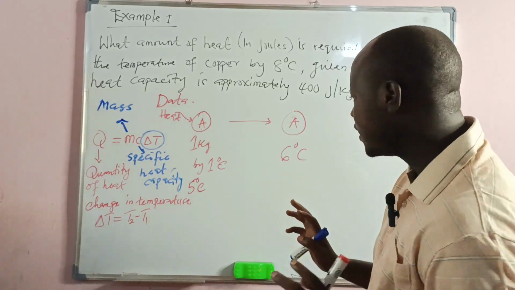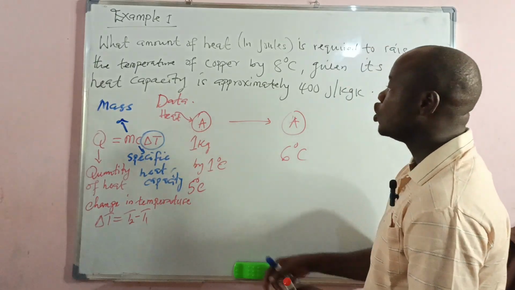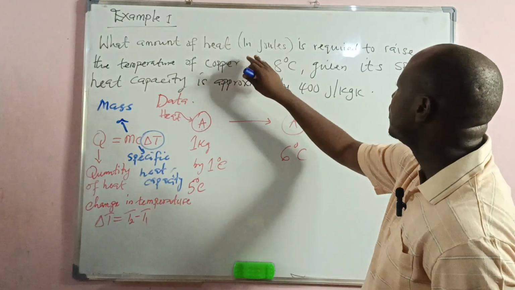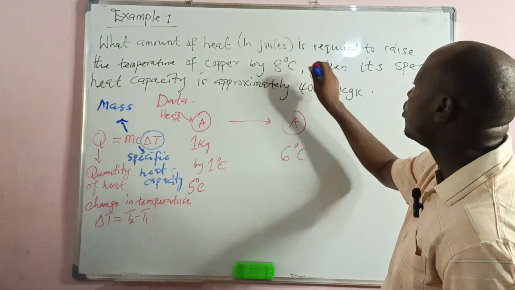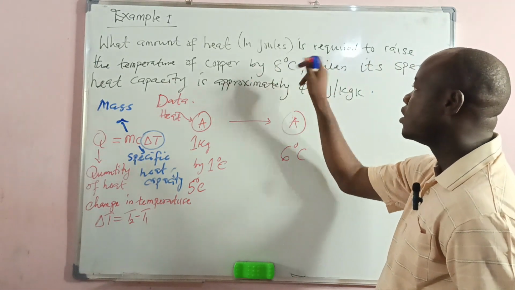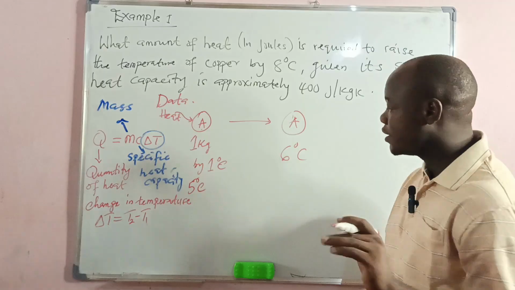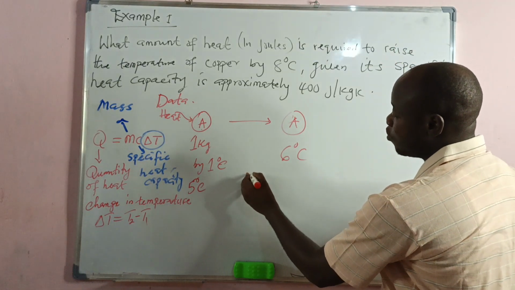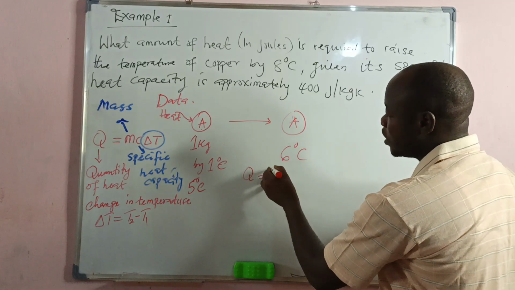So now the next thing, ladies and gentlemen, is to answer this question. The question is asking, what is the amount of heat that is required to raise the temperature of copper by 8 degrees centigrade? I think this is simple. The quantity of heat Q is unknown.